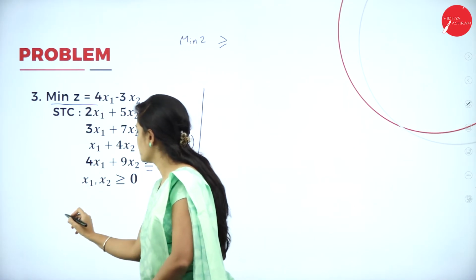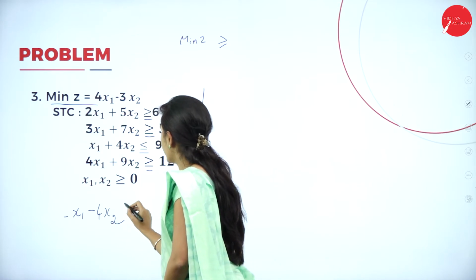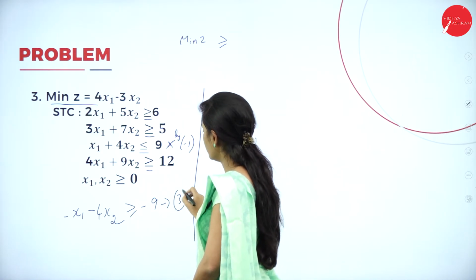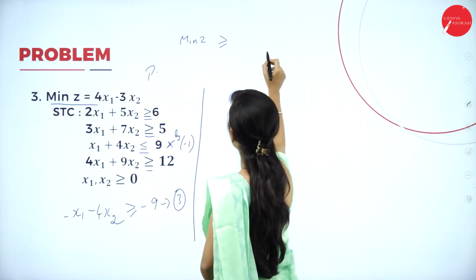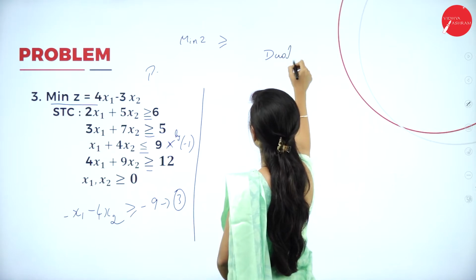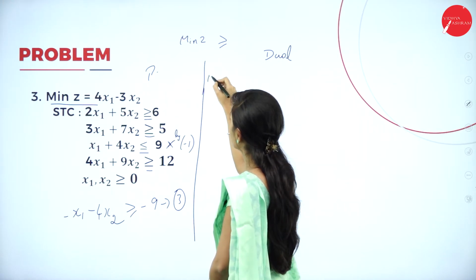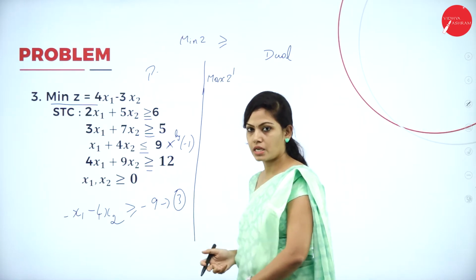Multiplying by minus 1, it becomes minus x1 minus 4x2 greater than or equal to minus 9. So now this is your third constraint. Consider this in the primal; I will convert it into dual. What is the first step? Min z changes to max z dash or max z star.